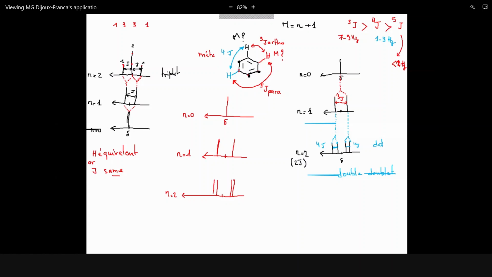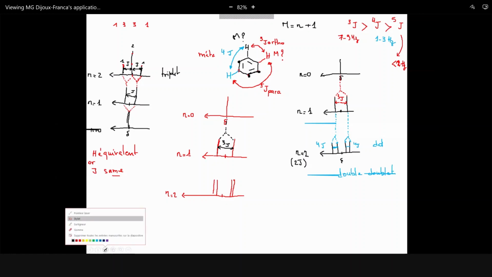Okay, here you will have the coupling with the black one. And this J3 should be equal to this J3, not on my draw, but it should be. Okay, in the middle.